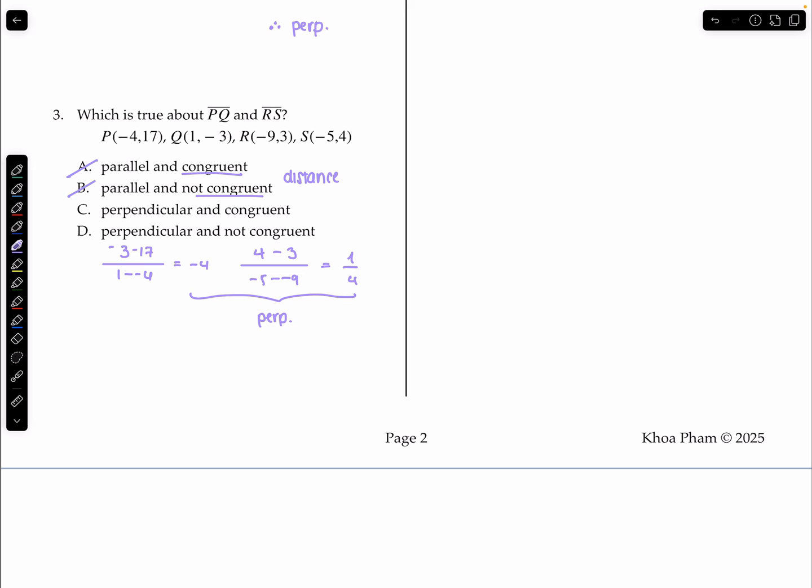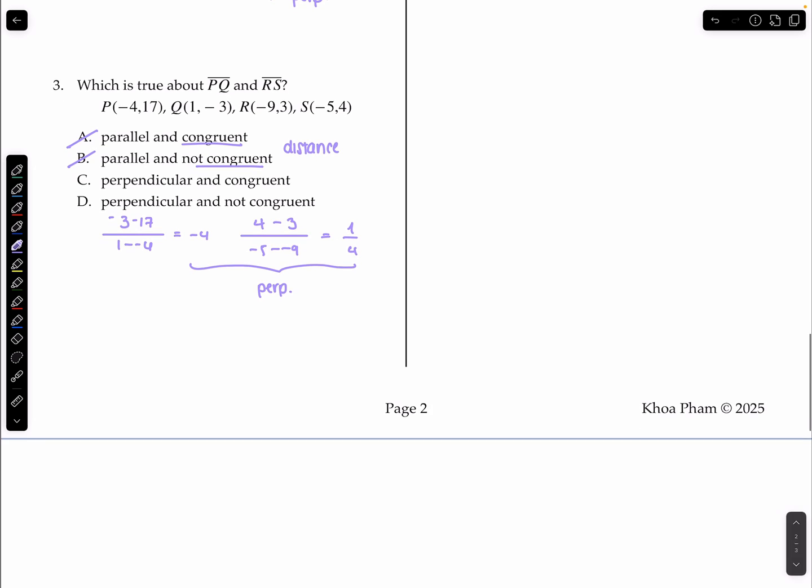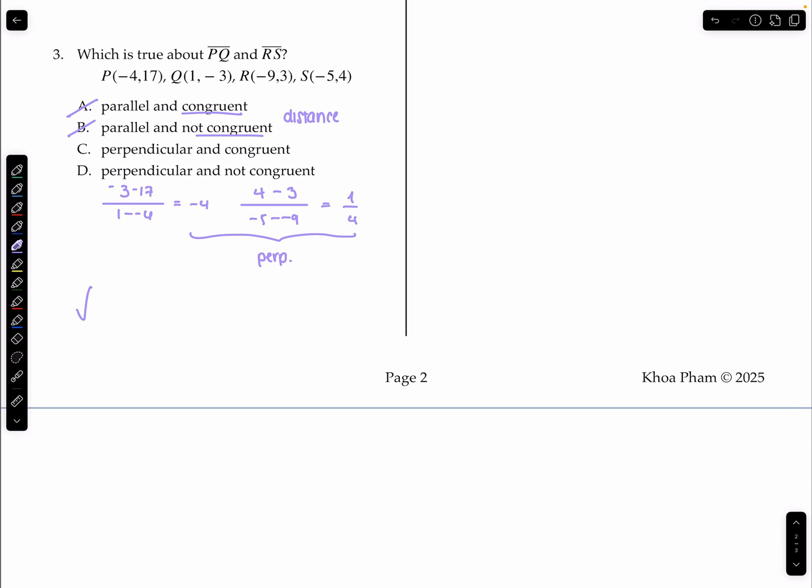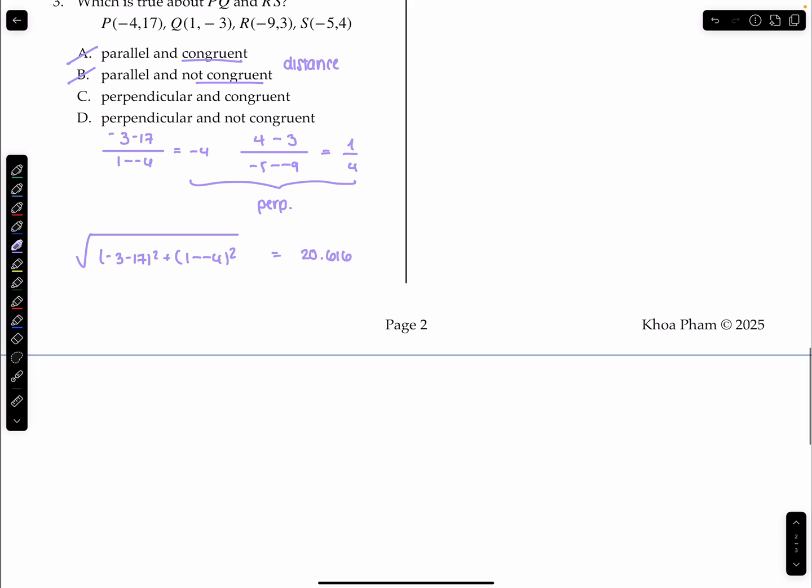So I can rule out parallel. So now using our distance formula, this is .616, and then the other distance formula.